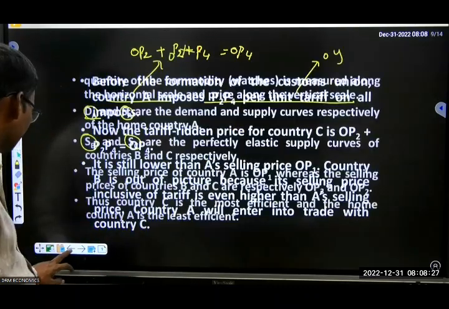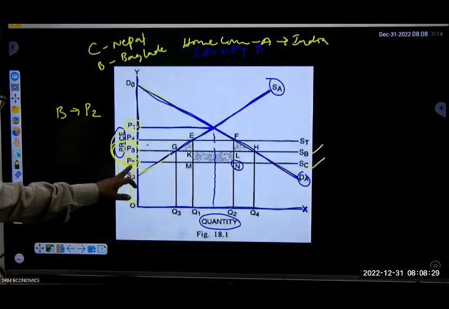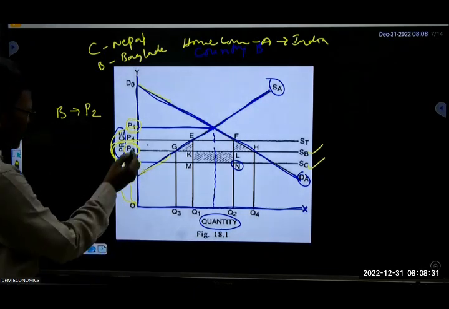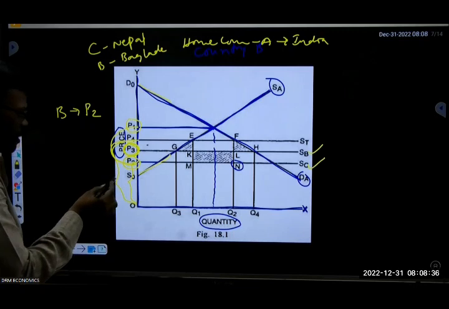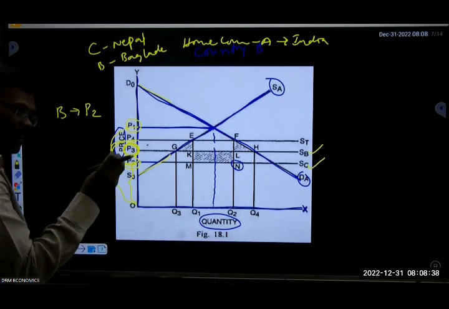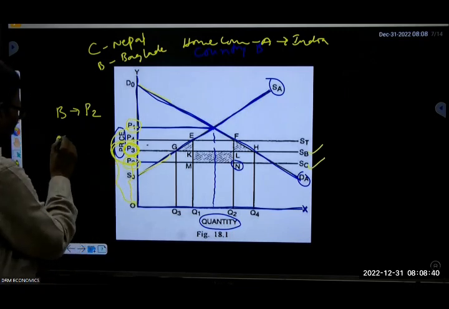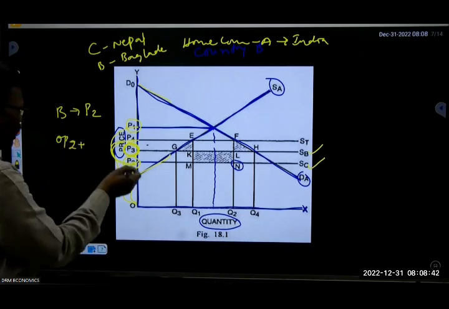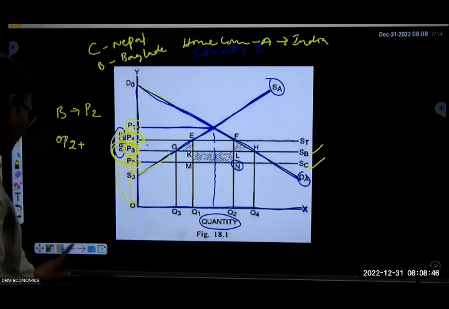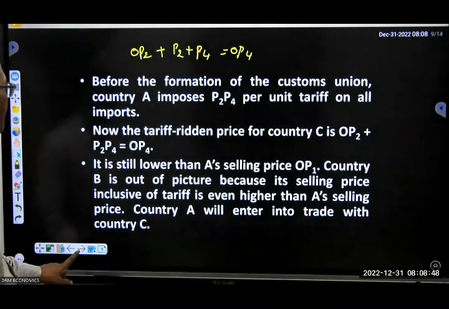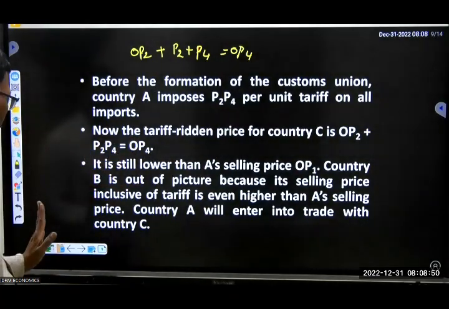So here for country C, the total price will be OP4.